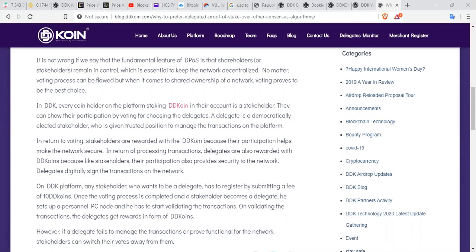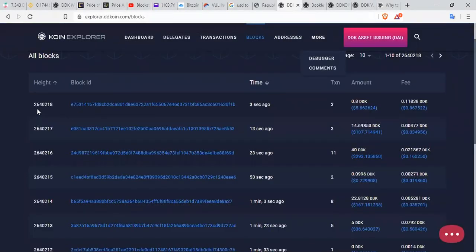The last record that was set was 2 days ago, July 30, 2020, and the current blocks generated is 2,632,152. So earlier, we mentioned na ang current generated na block is 2,640,218. So medyo mga 8,000 na ang na-generate niya for 2 days.